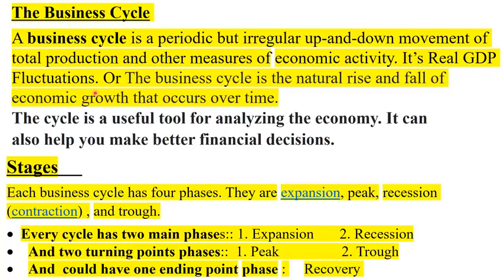Or, the business cycle is the natural rise and fall of economic growth that occurs over time. It is natural. Nobody can have it all in one stage. There are 4 important stages and 1 ending point. The cycle is a useful tool.